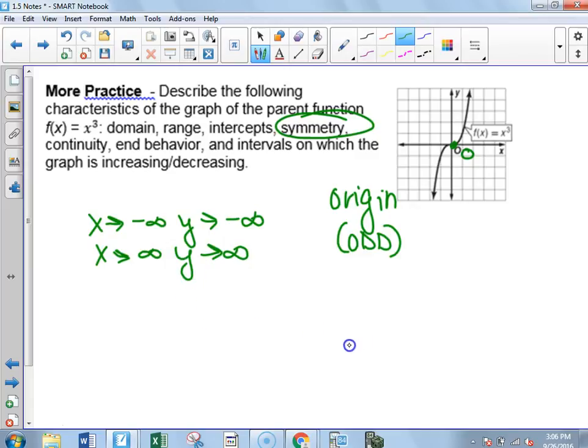Increasing or decreasing? Okay, it's definitely increasing until here. It kind of looks like it flattens out though, right?